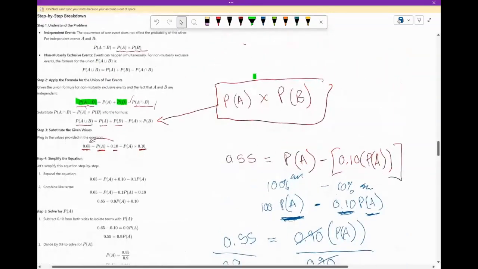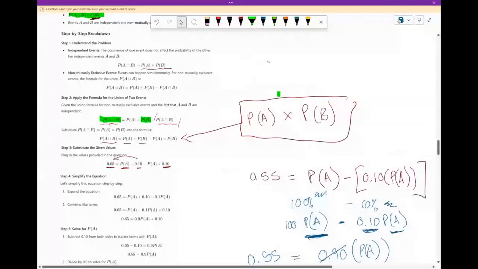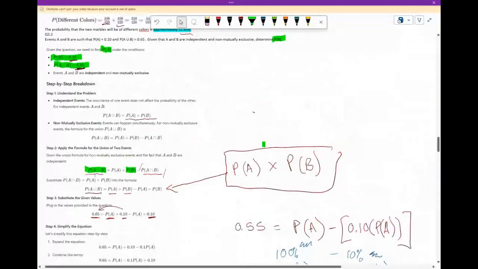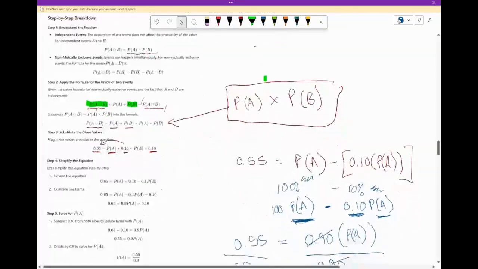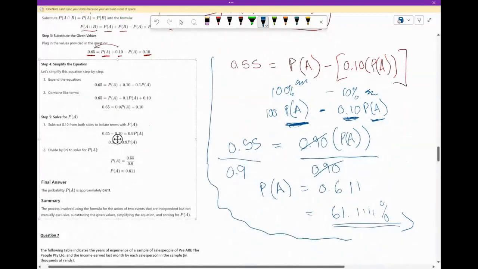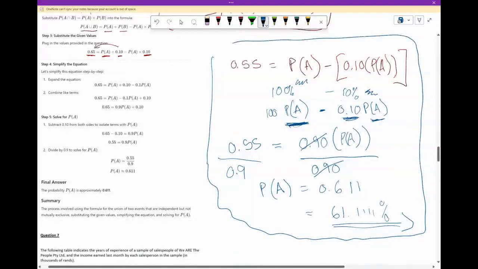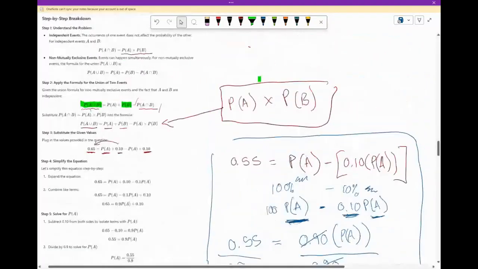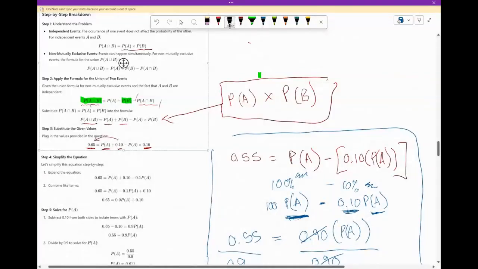So this is going to require you going back to your slides and just understanding mutually exclusive, independent. What do the formulas look like when something is independent, when something is dependent, when something is mutually exclusive, when it's not mutually exclusive, right? So that you know how to then play around with this formula. Because I think this is easy for you guys. I don't think you have a problem doing this, but deriving the formula that you need is where you might have a bit of a slip up.